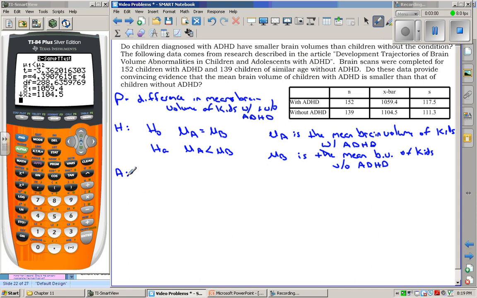So the assumptions we have to test, first of all, we have to assume this data comes from two independent SRSs of kids. Now this is new, this is not in a lot of the other assumptions that we've had to do, but it's important for this one.